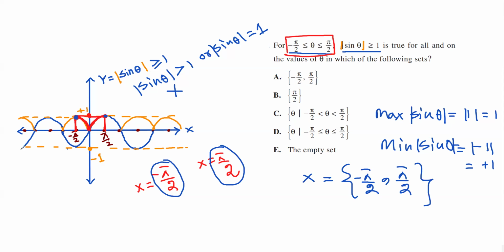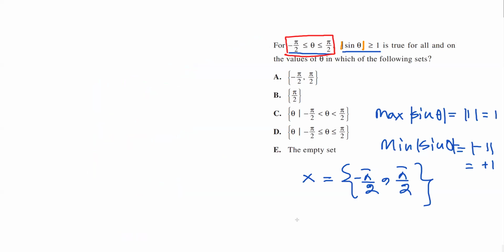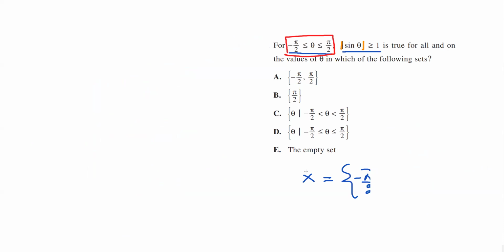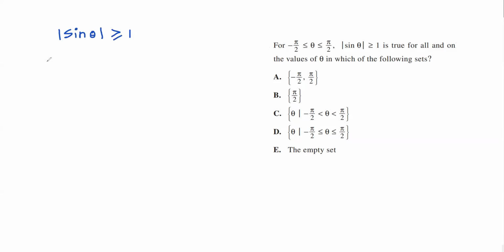Okay, this one is the graphical approach, but you can solve it by using the inequality concept, the compound inequality. So whenever, let me erase this. Whenever you have absolute value of something, sine theta here, greater than or equal to 1, you can write it in this way, right? Either sine theta is greater than or equal to 1 or sine of theta is less than or equal to -1.